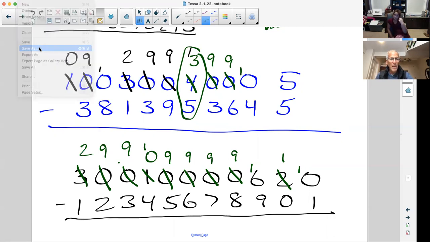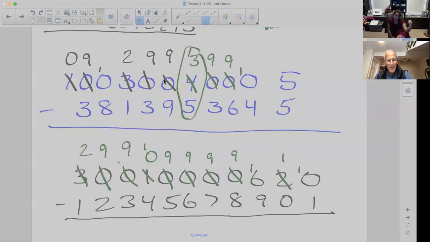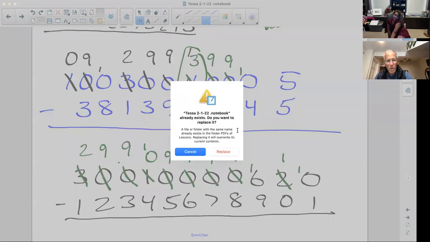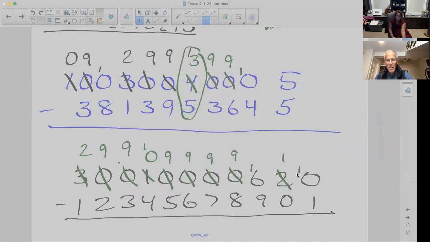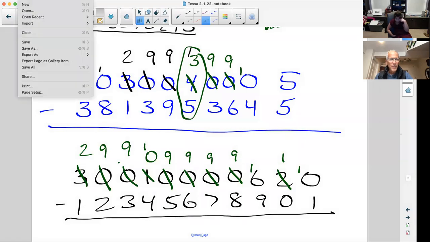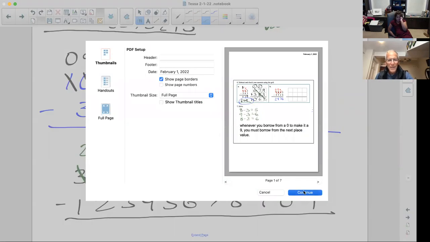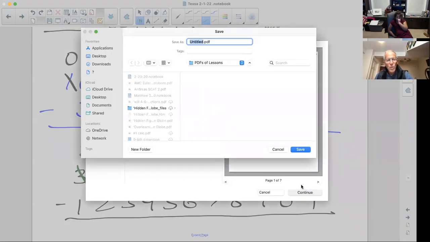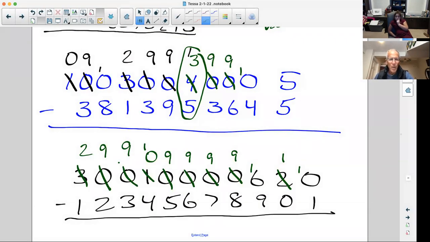And Tessa, you're so close to getting this, but still far enough away that we can't move on. And there's so many amazing things we could do, but if you don't get this subtraction algorithm, you're going to struggle in other areas of math. And I don't want you to ever struggle in math because you're going to be a rock star.